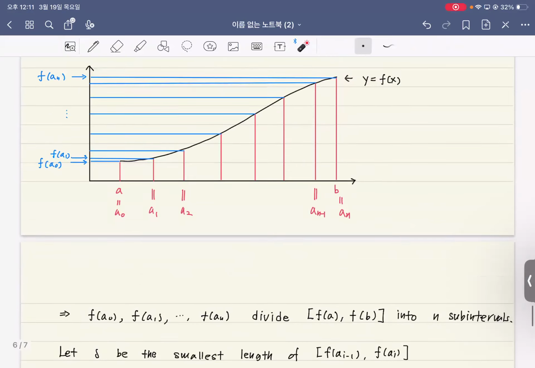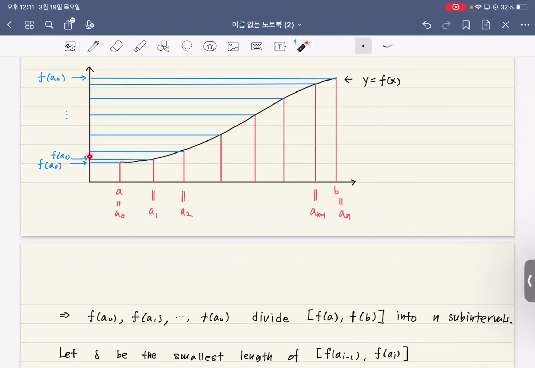So in this picture, we are about to choose two points from the codomain, and y1 and y2 are separated by less than delta. And delta is the length of the smallest subinterval.